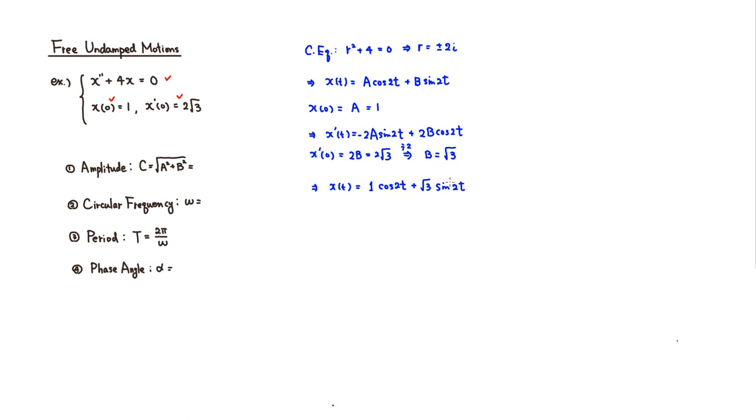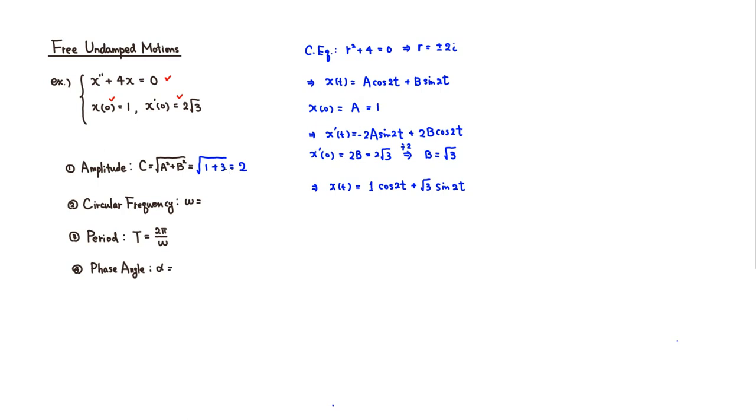Alright, so we can find the amplitude. C is going to be simply square root of a squared plus b squared. So a is 1, so 1 squared is 1, plus b squared, b is square root of 3, so it's a 3, so it's the square root of 4, which is 2. So we found the amplitude.